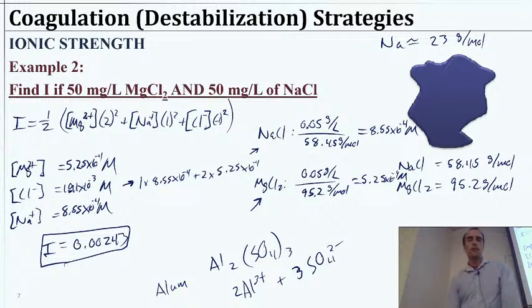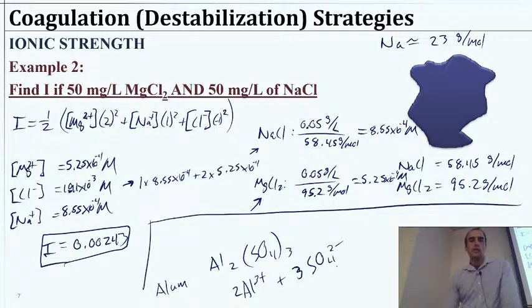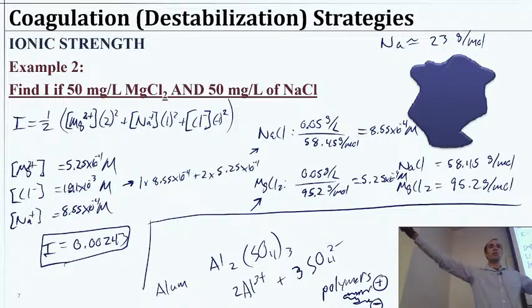So alum is one thing, and then polymers that might have a positive charge on one side, some branchy thing, and then a negative side somewhere else, so they could bridge across particles, or maybe a positive charge on each side and grab 2 negative particles.